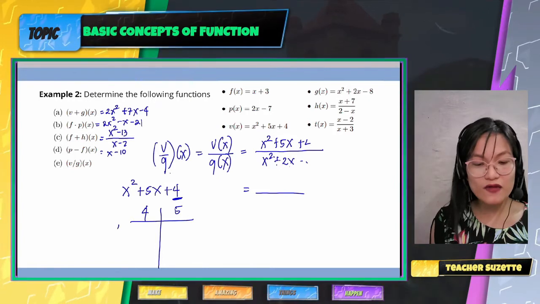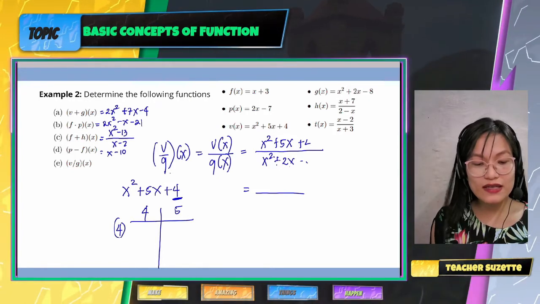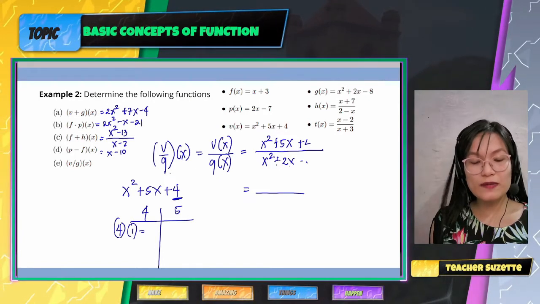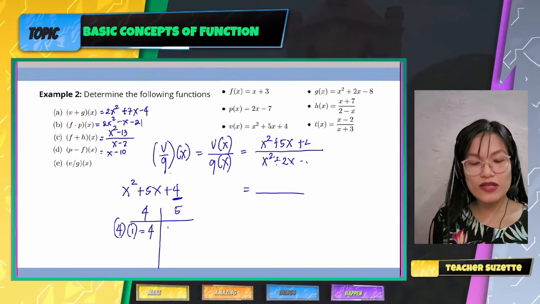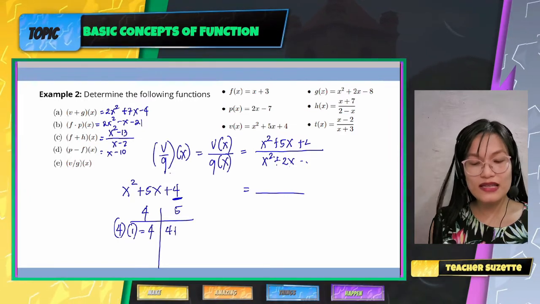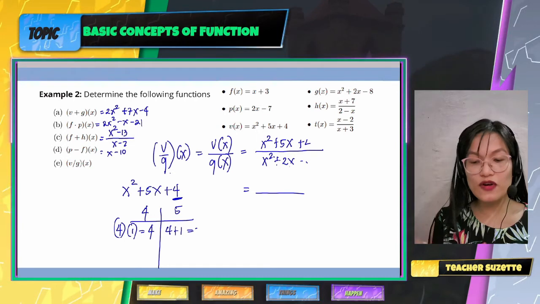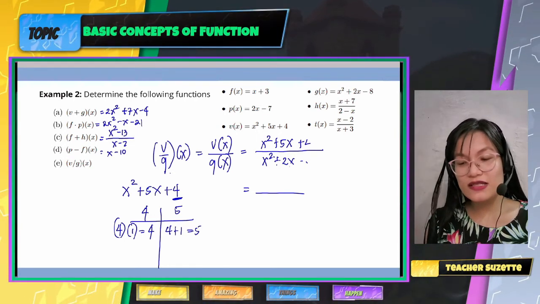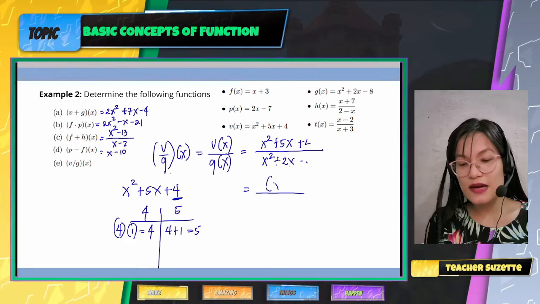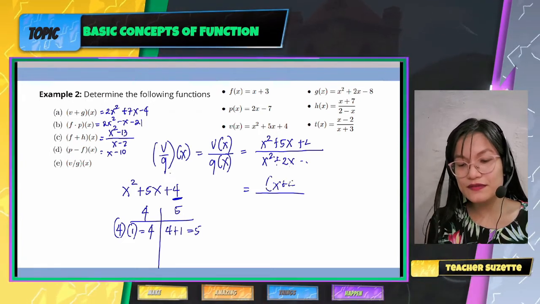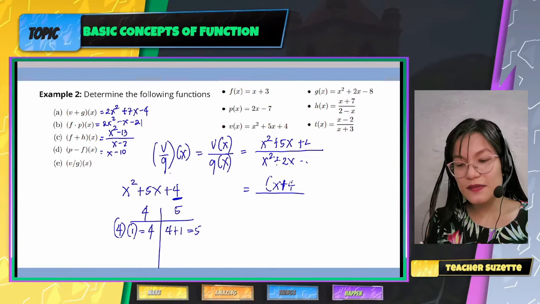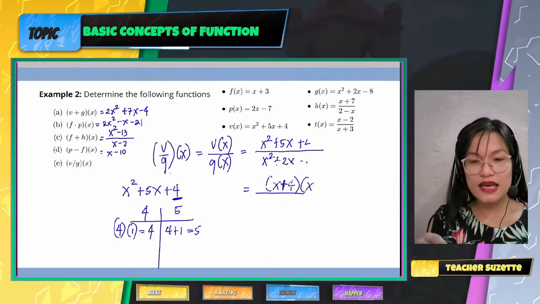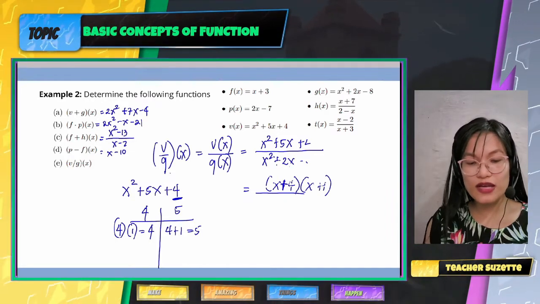So, we have 4 times 1. When you multiply that, that is equal to 4. And when you add 4 plus 1, the answer is 5. So, therefore, our factors for x squared plus 5x plus 4 are x plus 4 times x plus 1.